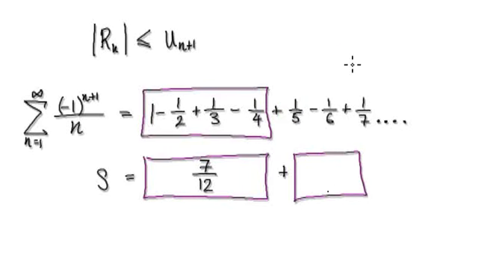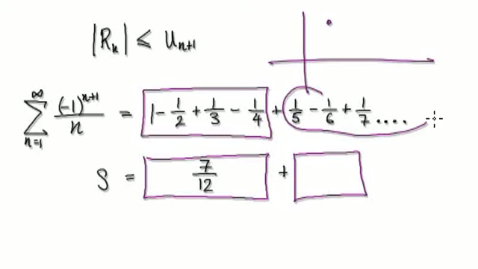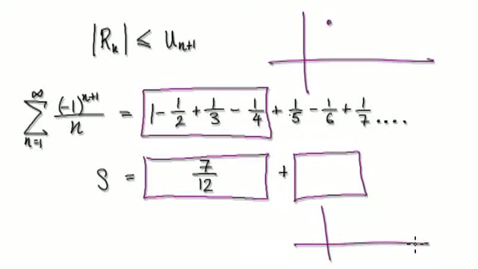And if you think about it, it makes sense, because from here to here is a fifth. But don't forget, when it comes to an alternating series, we demand that it's non-increasing, meaning it's always going downhill.